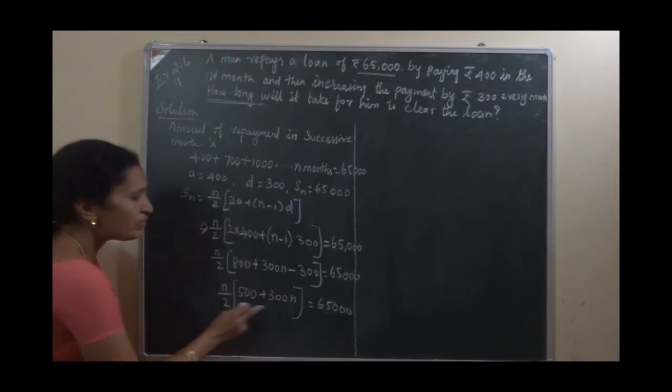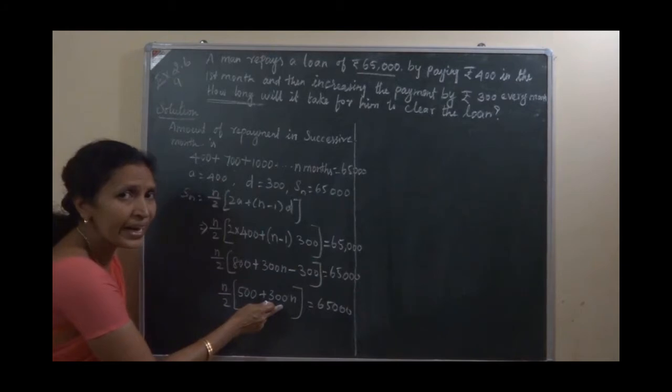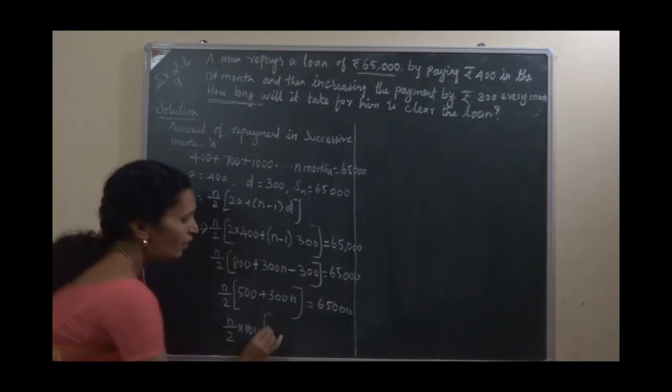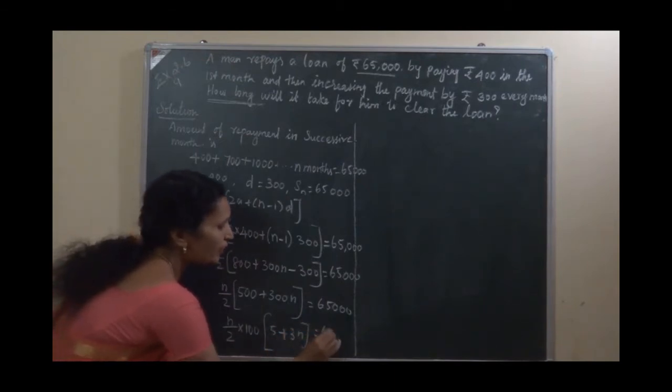Now which one is common here? 100 is common, take it outside. So n by 2 into 100 into 5 plus 3n equal to 65,000.